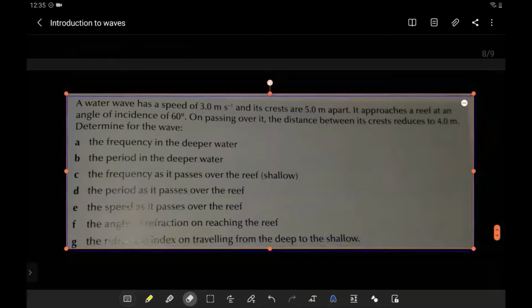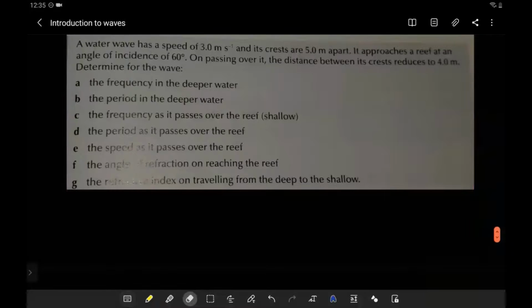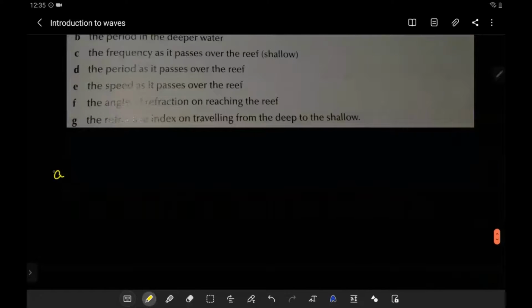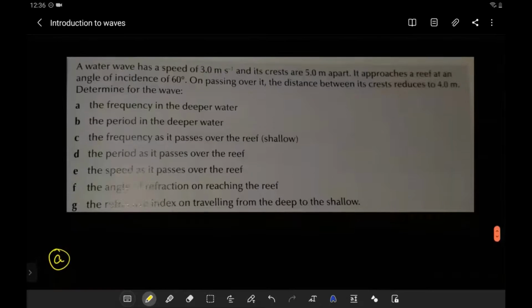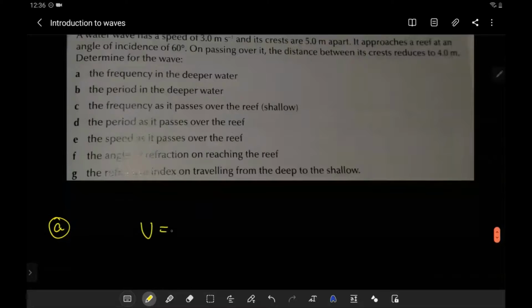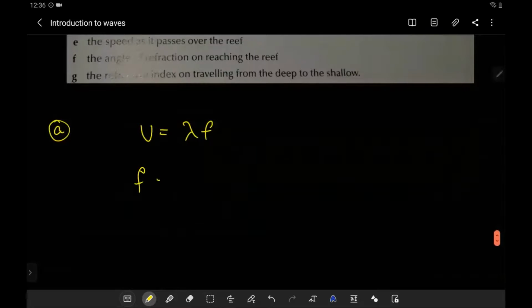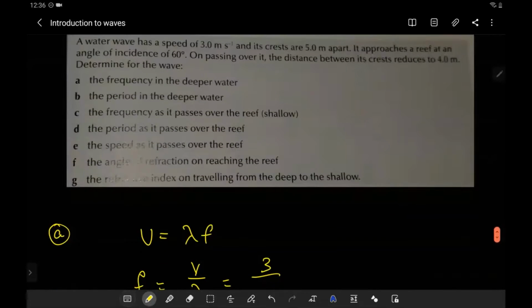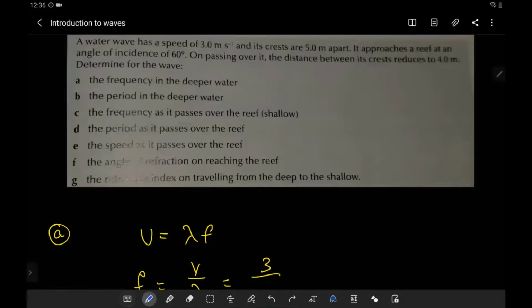So what we would do for this question, part A, the frequency in the deeper part. We are told the velocity of the wave is 3 meters per second. So we could use v = λf, and we could solve for f. So f = v/λ, and our velocity was 3, and our wavelength, because if we had the distance between crests, sorry, let me just draw this a little better.